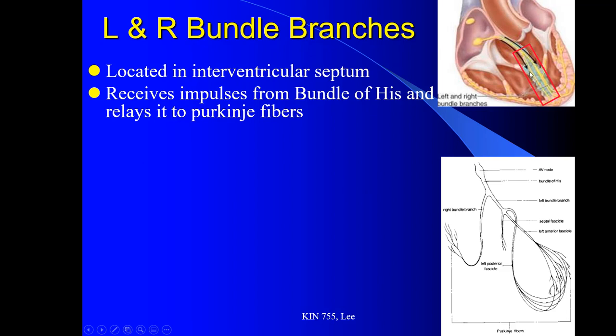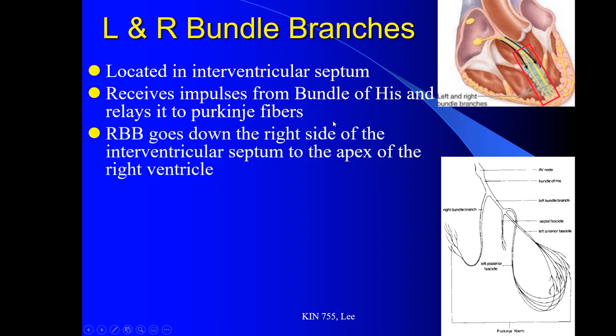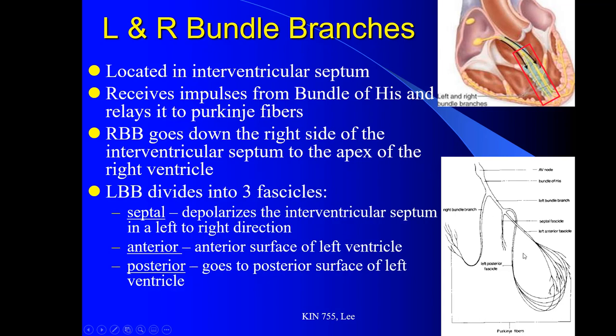These are in the interventricular septum. And there's a right and a left. If you look closely, the left is a lot more complicated. If you look at this picture right here, there are 3 different fascicles, and that's going to allow better flow of electricity through the ventricles.